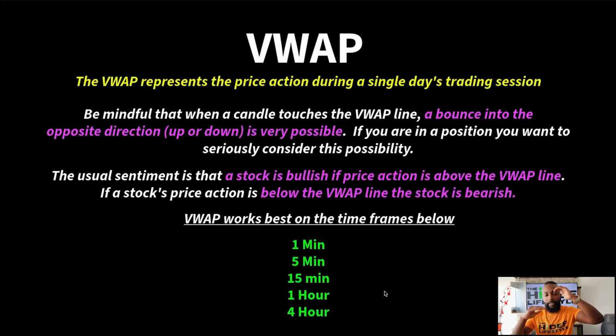You're making money as the price goes down. When it touches the VWAP line, it could bounce back up, and if it bounces back up, it's going to start digging into your profit, because you're making money as the price goes down when you buy puts. So when it touches VWAP, just consider closing some, or not all, of your position and taking profits.